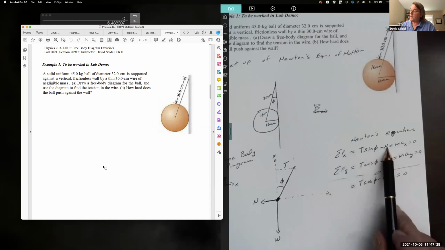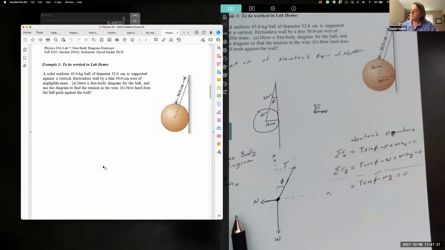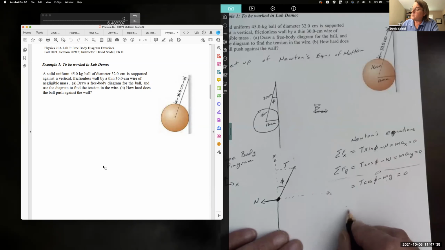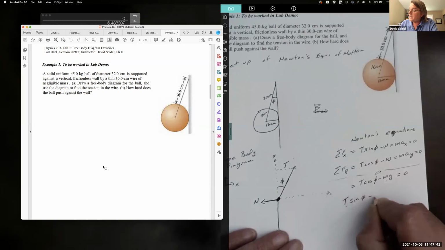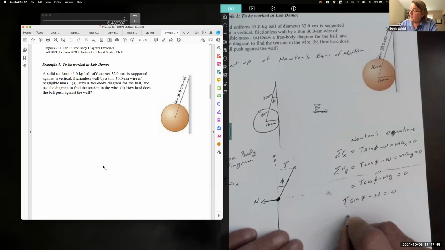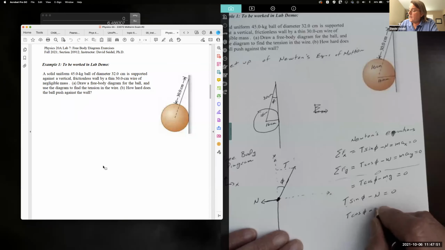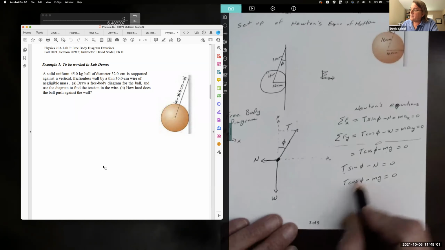So T and N are unknown. I have 2 equations and 2 unknowns. If I wanted to write down my equations to then solve, I have T sine phi minus N equals 0, and T cosine phi minus mg equals 0, okay? T and N.